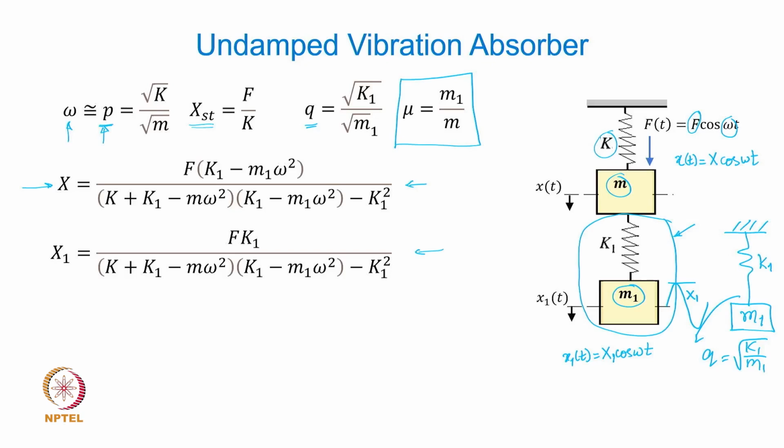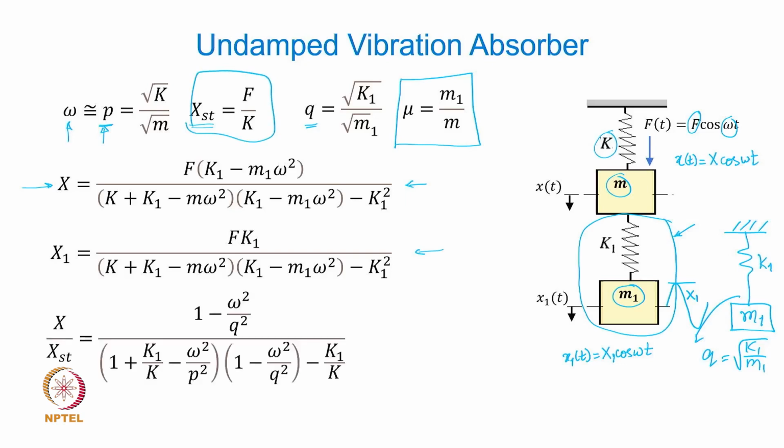Now we already know, because we have these expressions and we have assumed this x static to be f over k, I can non-dimensionalize this particular equation by appropriately arranging it, taking k out from this denominator and then using the expression of mass ratio. I can actually get this x non-dimensionalized as x over xst given by this expression.